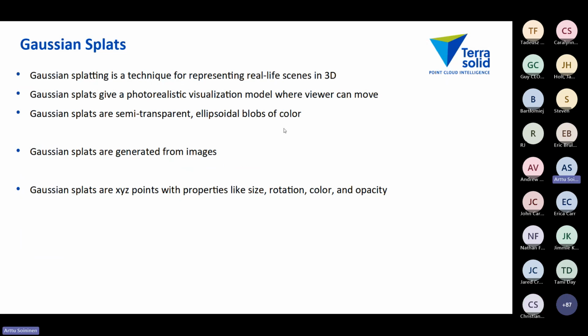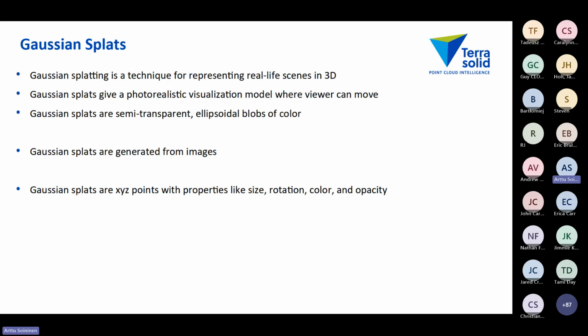So the last final topic that we cover in the webinar. We've only chosen a few key topics among the new features, so that the webinar isn't so long. The final one is Gaussian Splats. So there is development done at Terrasolid for Gaussian Splats.